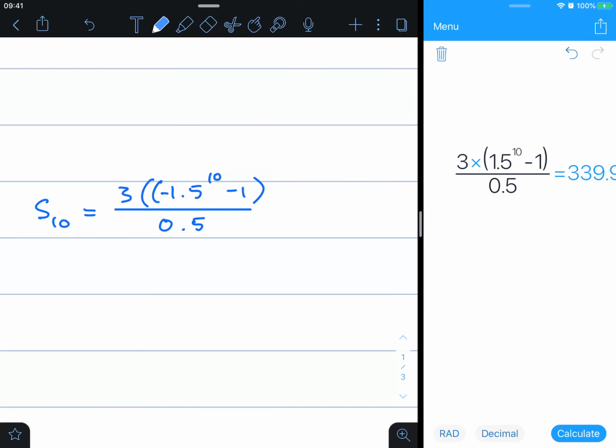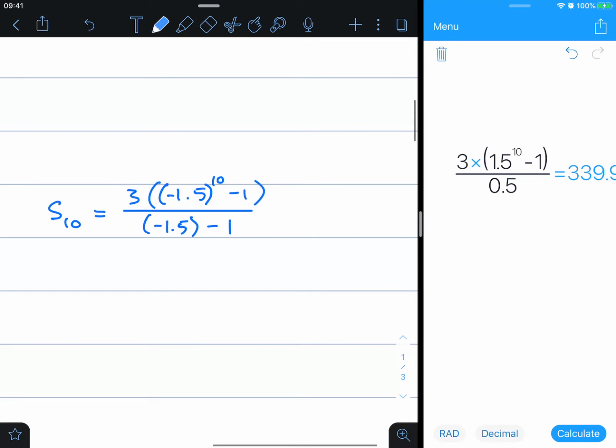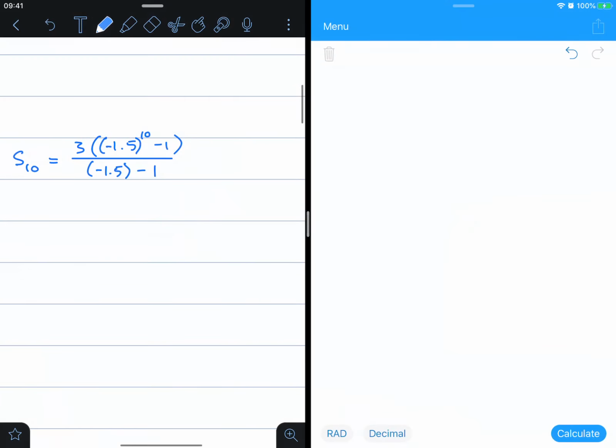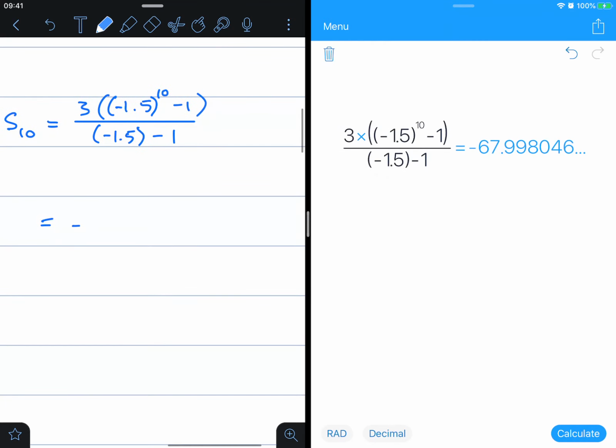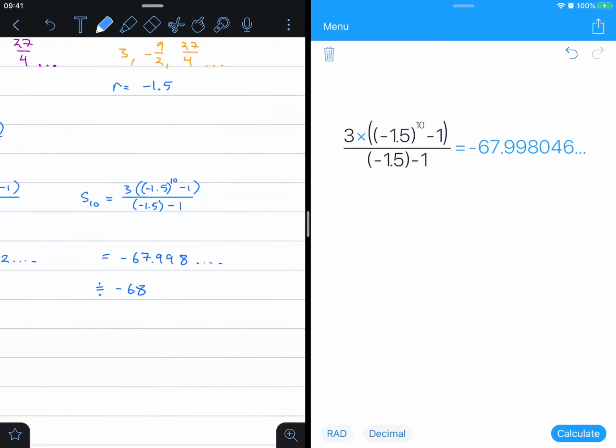It's going to be negative 1.5, and the denominator is going to be negative 1.5 minus 1. So substituting into our calculator, 3 outside of negative 1.5 to the power of 10 minus 1, all over negative 1.5 minus 1. This will give us negative 67.998, which we can approximate to negative 68.